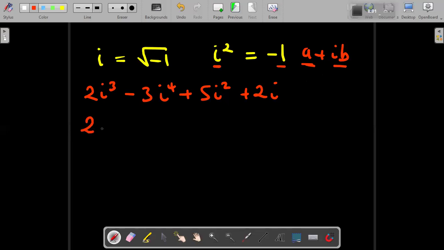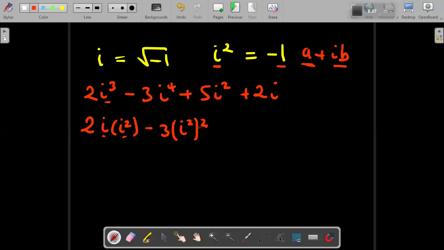Where there's 2i cubed here, I can rewrite this as i multiplying by i squared. When I multiply i and i squared, I can just add the powers, then I get i cubed. Then minus 3, I can do the same here: i squared, then I can put a square there.